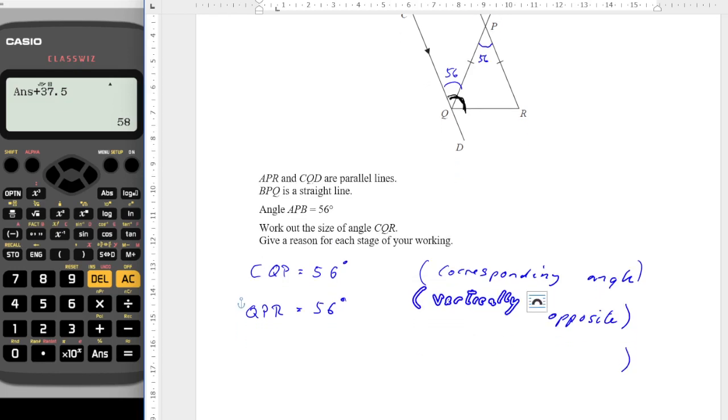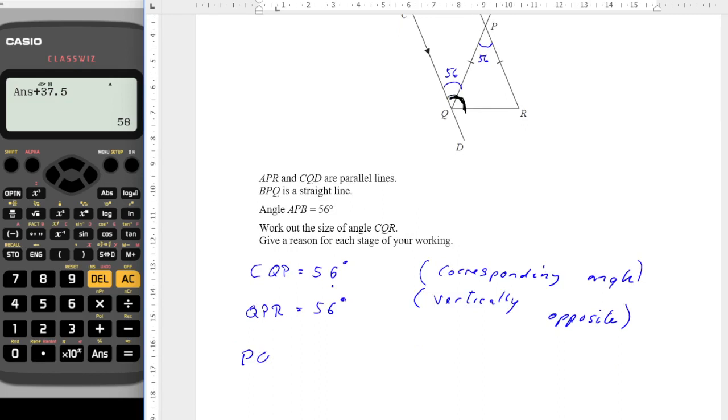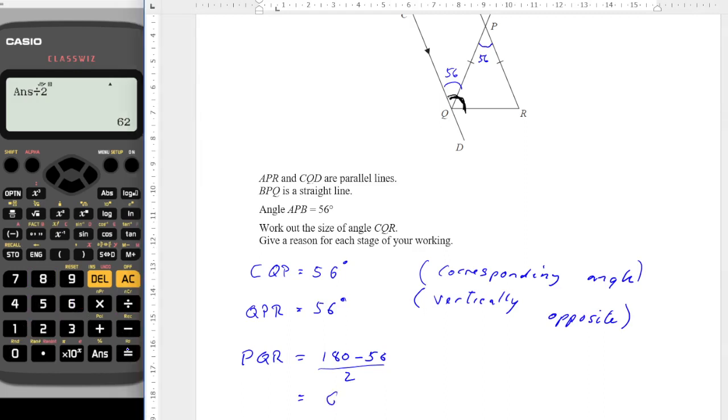And then I'm going to say that PQR is equal to 180 minus 56 divided by 2. So that's going to be 180 minus 56 divided by 2, which is equal to 62.